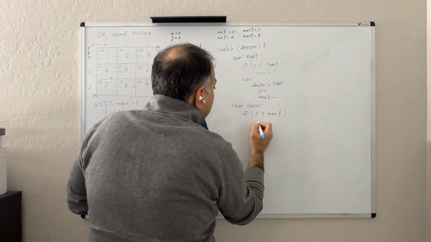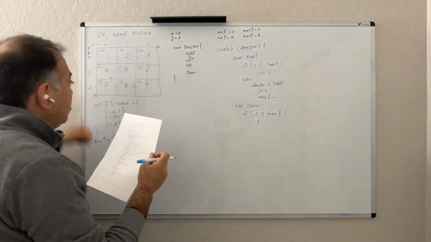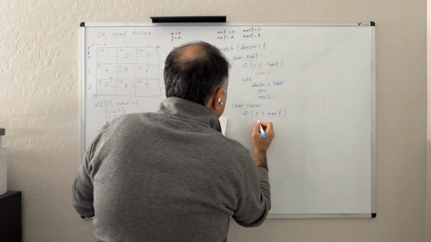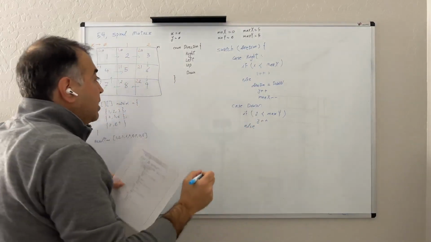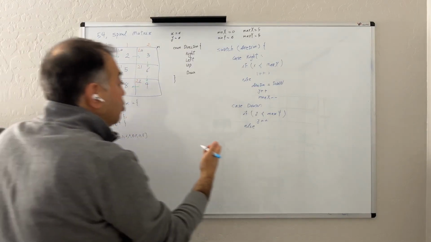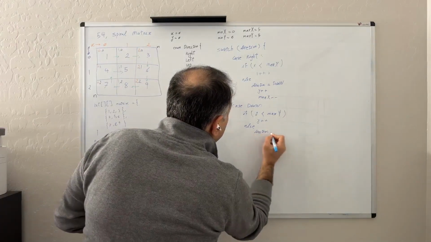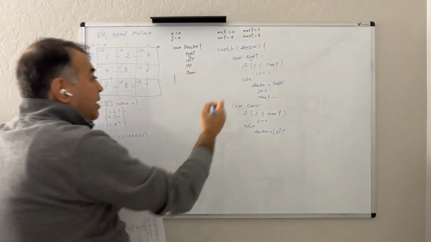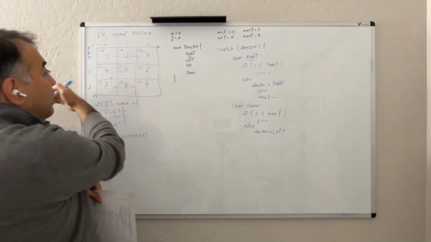If it is, as you see, we are increasing the y. In the other case, what happens if we get to this element? We should change the direction, go to the left. So the direction will be left. Then we need to decrease the x because we are going to the other side.